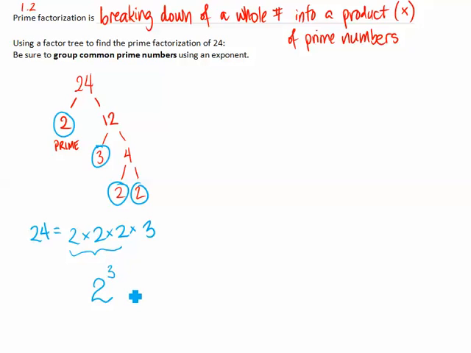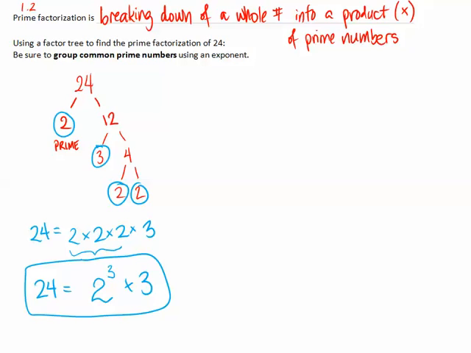So I read this 2 to the 3rd power, which means 2 times 2 times 2. And that, all on its own, 2 to the 3rd power is 8. And I keep 3 as another prime factor. So this is the official prime factorization: 2 to the 3rd power times 3, or 2 times 2 times 2 times 3.